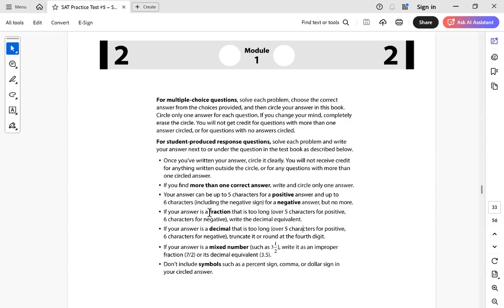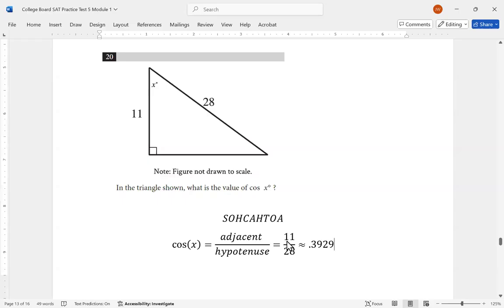But again, I would have left it as a fraction because it's not over 5 characters long. It's exactly 5 characters long. And by characters, they mean 1, 1, the division symbol, and then 2, 8. So 11 over 28, exactly 5 characters. So I would have left it as a fraction.